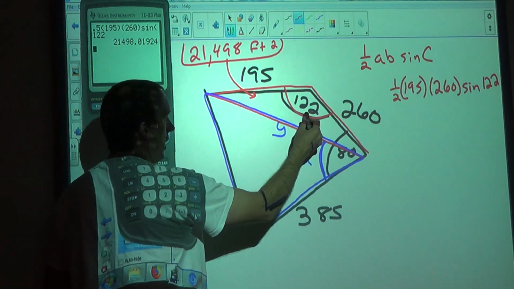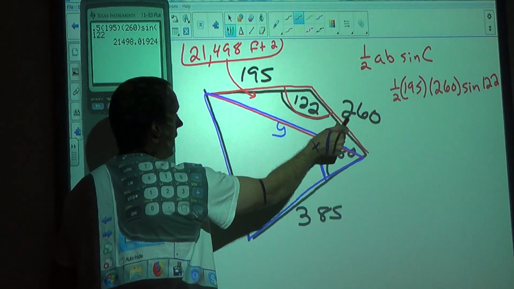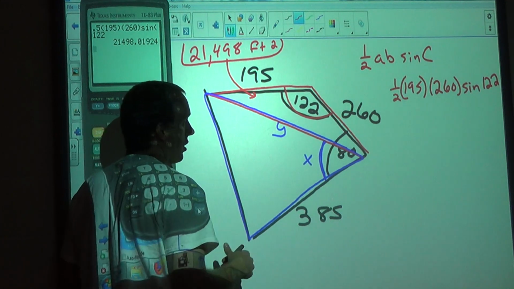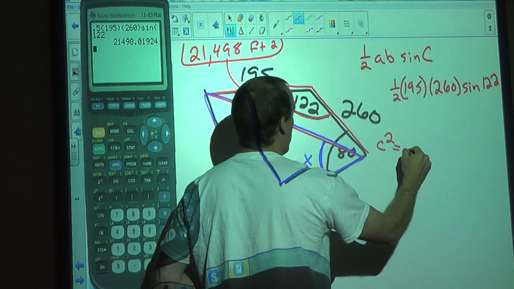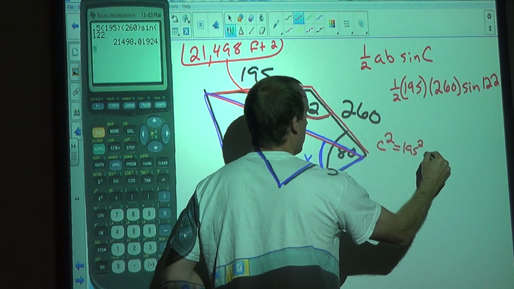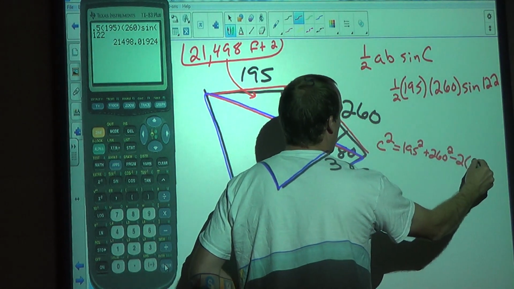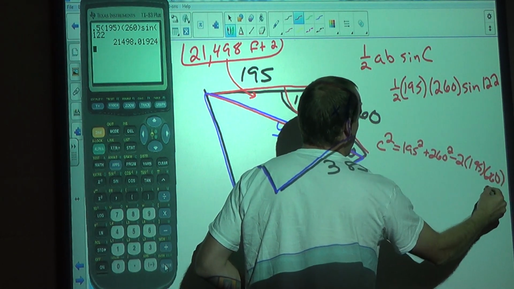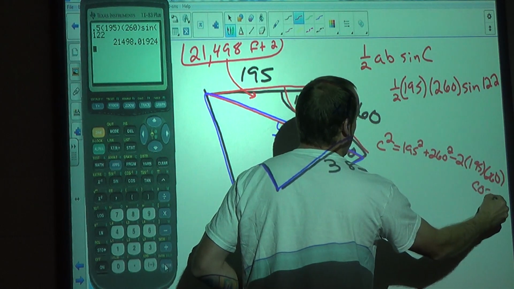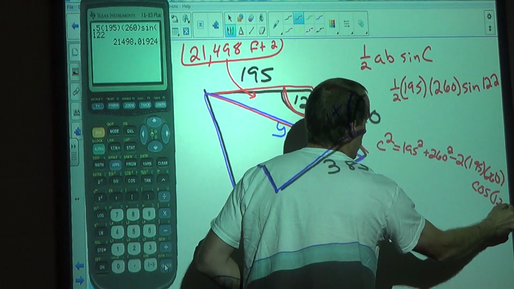How would I be able to find this other missing side? Again, I have two legs and an included angle. I can use law of cosines. So for the red triangle, it would be c squared equals 195 squared plus 260 squared minus 2 times 195 times 260 times the cosine of my included angle, which is 122.